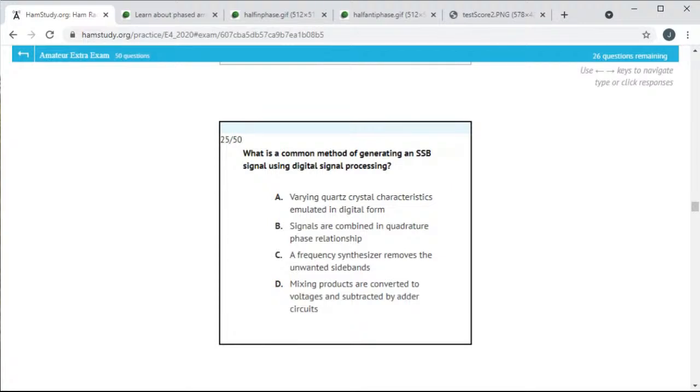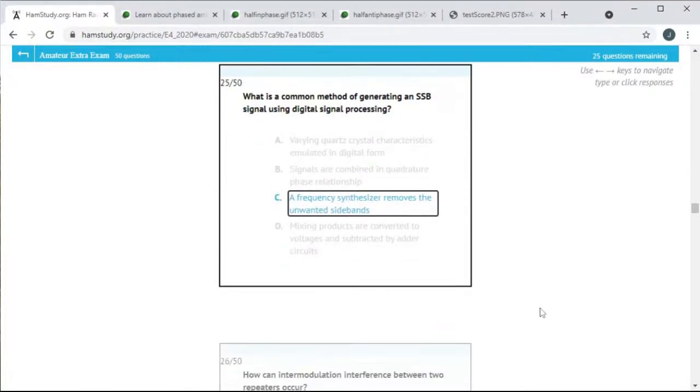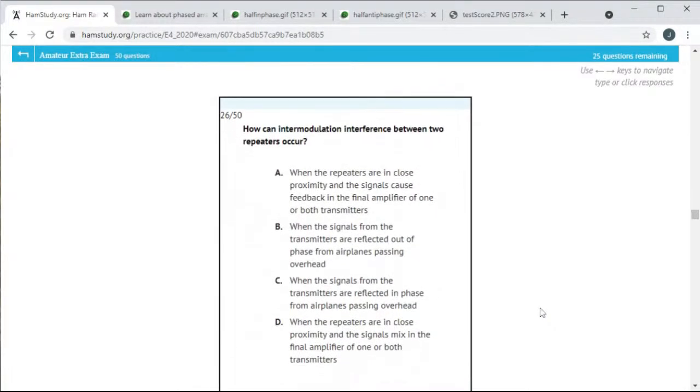D, mixing products are converted to the voltage and subtracted by adder circuits. I'm going to go with C. And Gordon is agreeing with me, so I might have actually gotten one right.